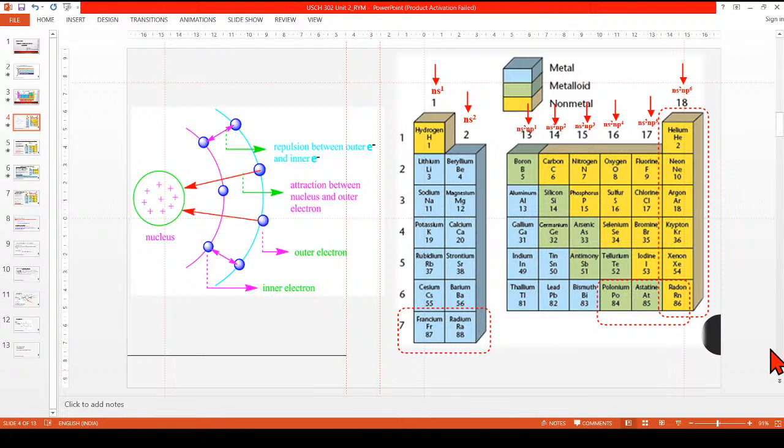If you see different trends in this, we are now interested in the boron family elements, this group of elements.